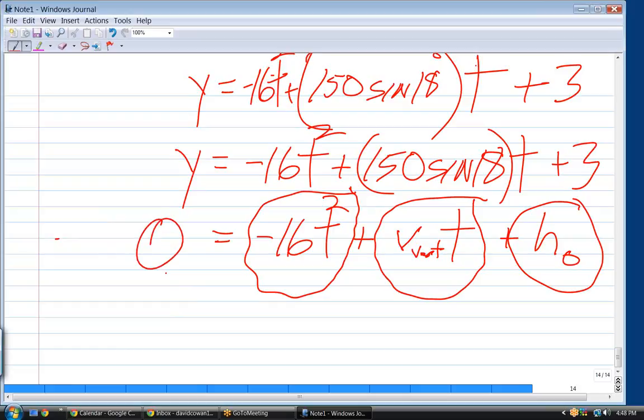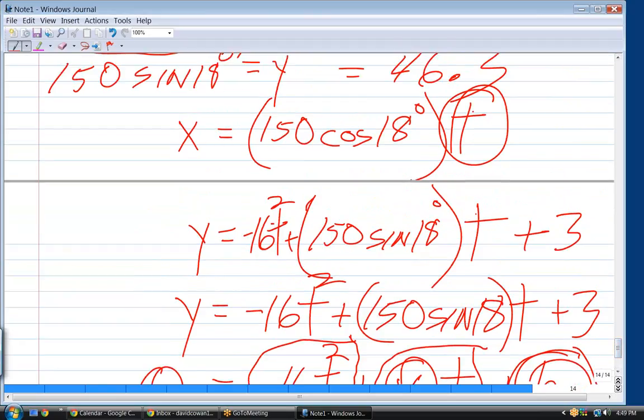In other words, this is a number, this is a number, the only variable there is t. So this is going to tell me at what time the ball lands on the ground. Once I know that time, I go back to the x-coordinate, plug it in, and I can tell exactly how far the ball is going to travel. That's a typical problem.